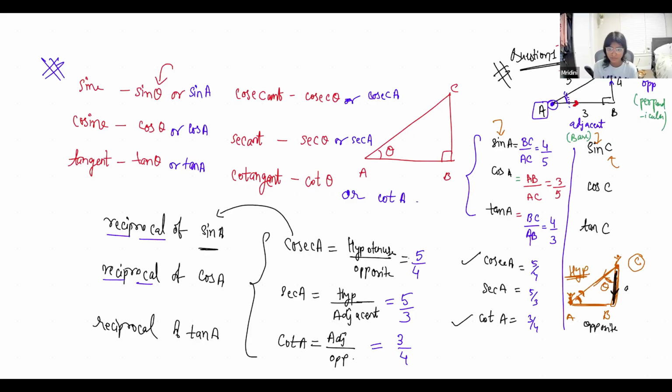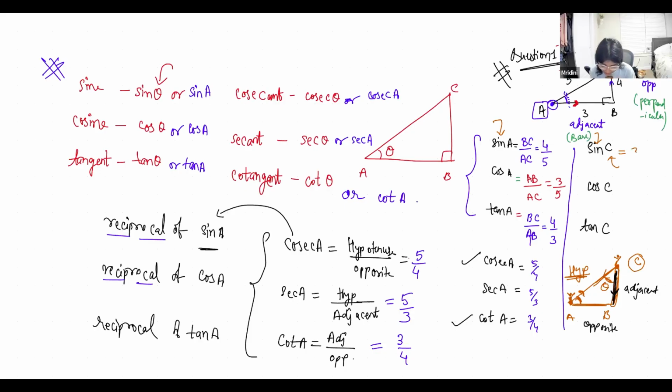Now tell me the answer, please. Sine would be 3 over 5.